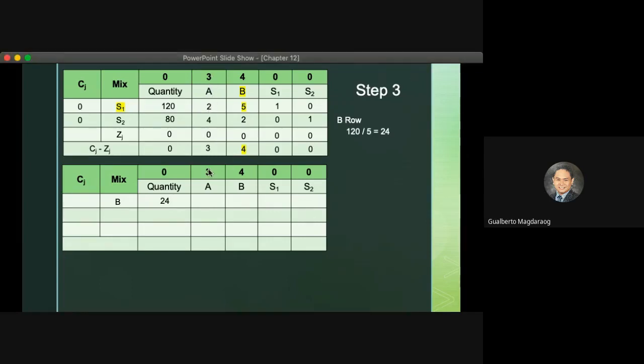We simply divide 2 divided by 5. We simply follow the operation. So 2 divided by 5 is 0.4. 5 divided by 5 is 1. 1 divided by 5 is 0.2. And then 0 divided by 5 is 0. Then you may now input the value on the B row.